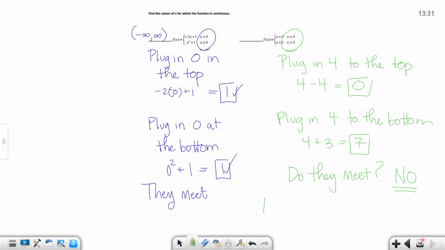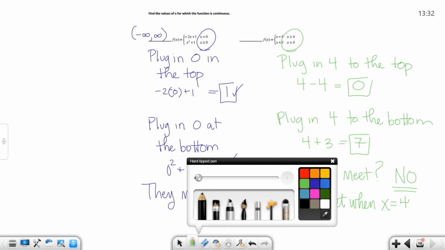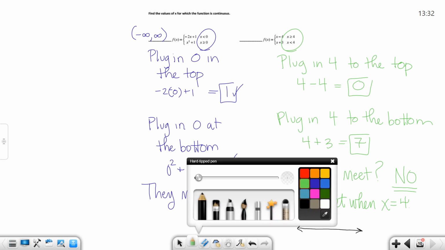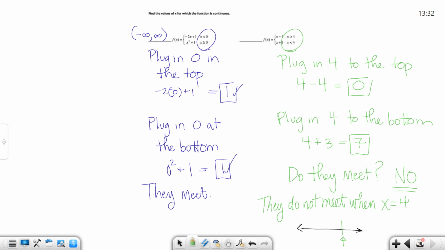So since they don't meet at 4, that means that 4 has to be thrown out. So the way that you throw 4 out, let me put it on a number line real fast. So if they work for all numbers except for 4, here's 4.